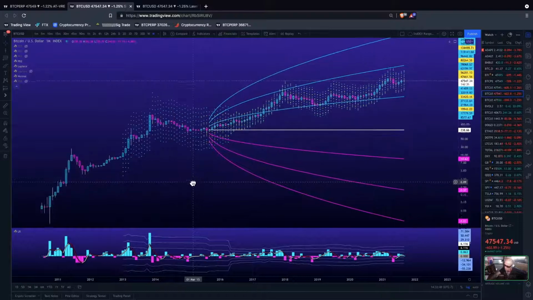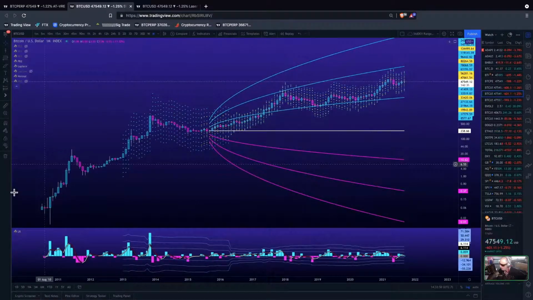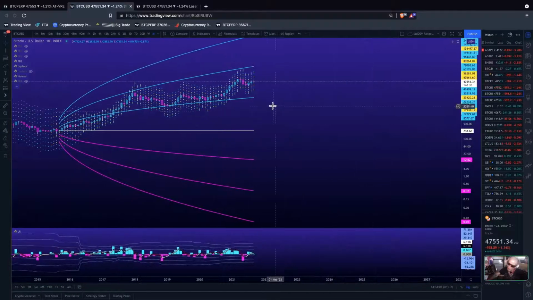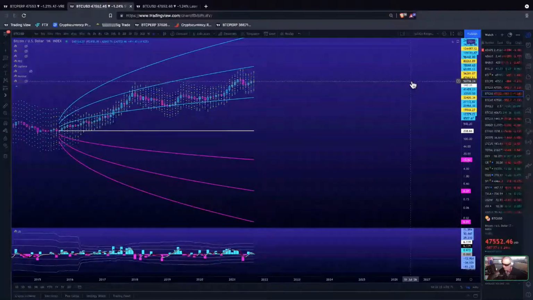Usually PB2 will project as many candles into the future as you are back. So we should be able to get a readout to 2026.